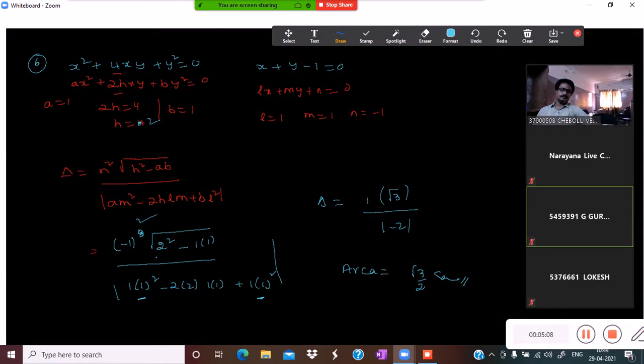Note down. First problem, multi correct choice. Question number 22.